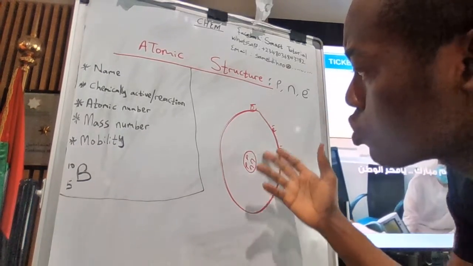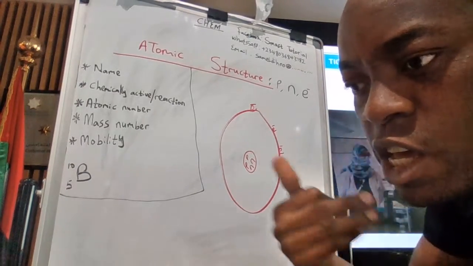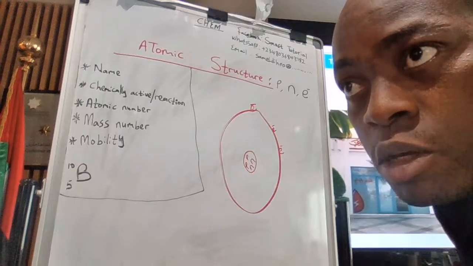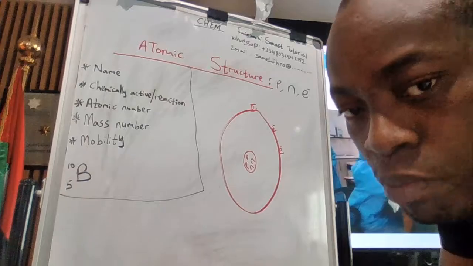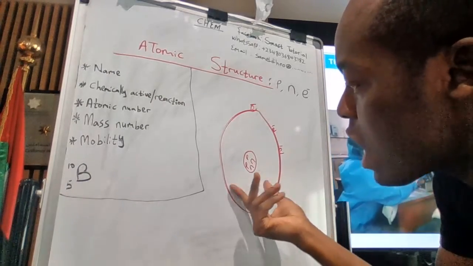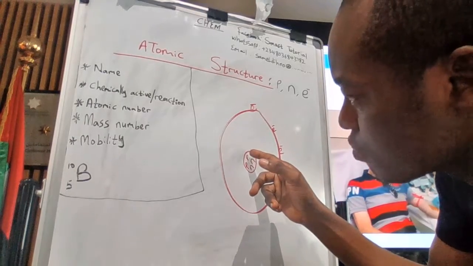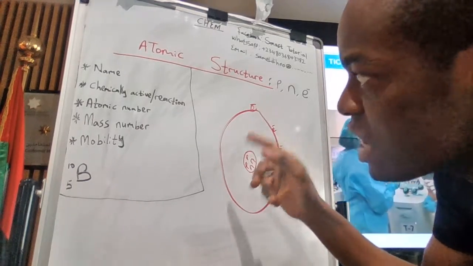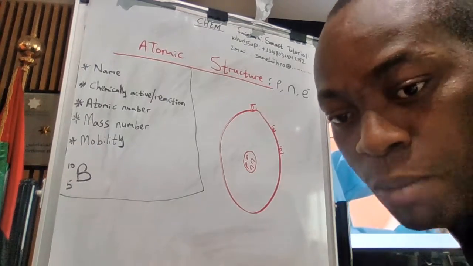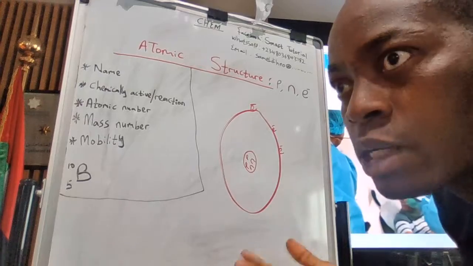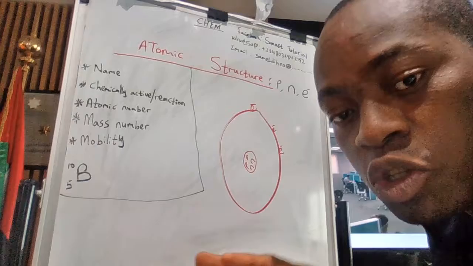Another thing I want us to take note of here is that the atomic number of an element is the number of protons in that element. Most of the time, as a science student, this applies to me also, I do mistake the atomic number because most of the time we talk about electronic configuration in chemistry.